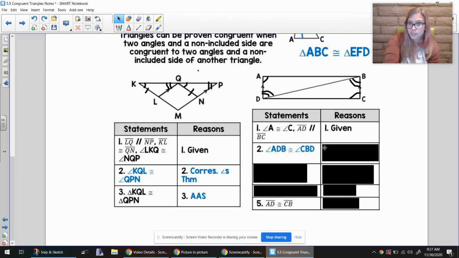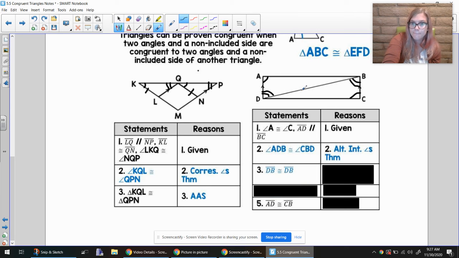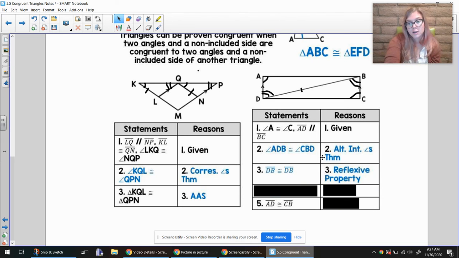This is because they are alternate interior angles. We know they're alternate interior because we have these parallel lines. Then we know that DB is congruent to DB because of the reflexive property.